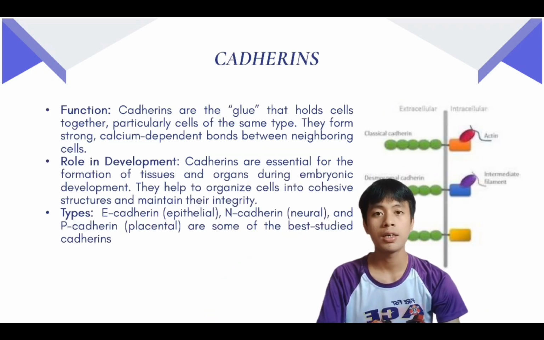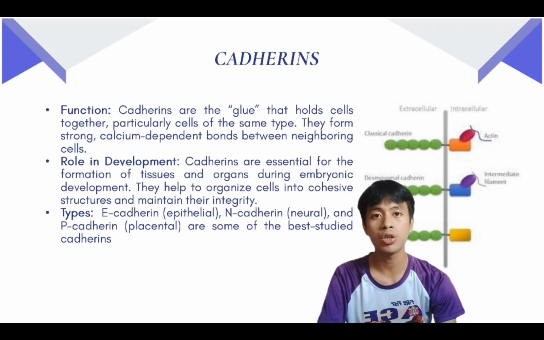Next, we have cadherins. Cadherins are the glue that holds cells together, particularly cells of the same type. They form strong calcium-dependent bonds between neighboring cells. Role in development: cadherins are essential for the formation of tissues and organs during embryonic development.